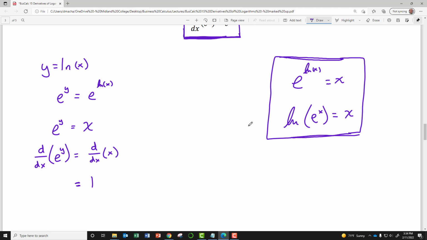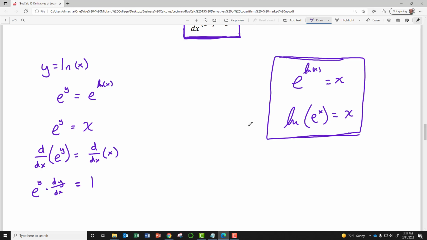And so using the derivative chain rule on the left side gives me e to the power y times the derivative of that inside function with respect to x. So remember, chain rule says that when I have a composite function, I take the derivative of the outside function times the derivative of the inside function. And so this is me taking the derivative of the left side of the equation here.